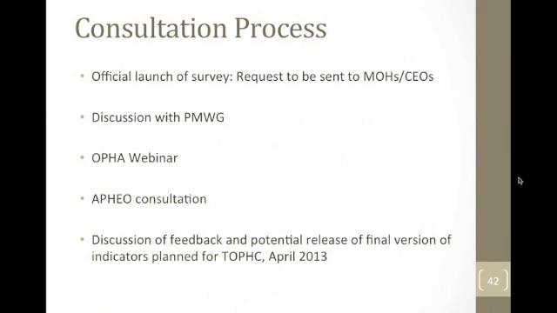It is a health status report, and it does include indicators such as smoking and alcohol use during pregnancy, low birth weight, smoking prevalence, etc.